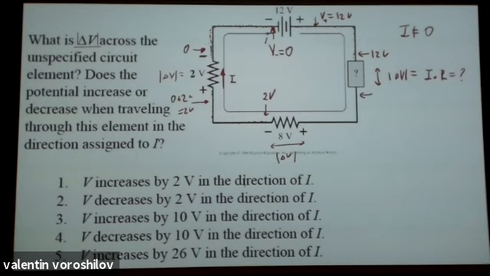So from 2 to 2 plus 8, 10 volts. And 10, 10, 10. Now we know this electric potential should be equal to 10 volts. So this voltage is equal to 12 minus 10, 2 volts.